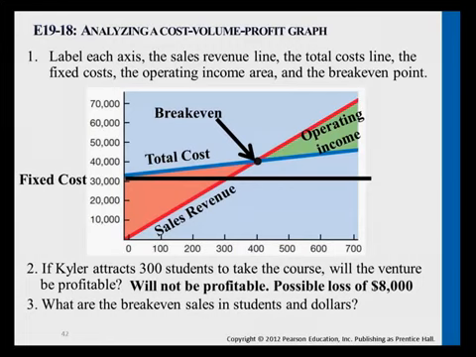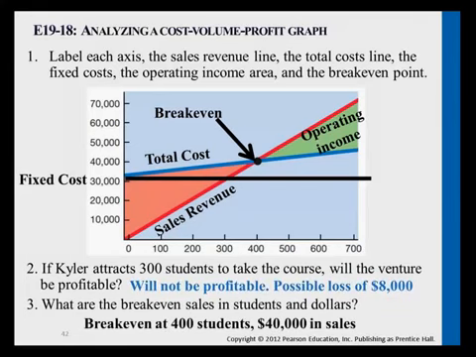What are the break-even sales in students and dollars? How do you know that it's 400? You go all the way down, right? Here it's 400, and then we go all the way to the dollars axis. Okay, 40,000 in sales and 400 students. Good job.